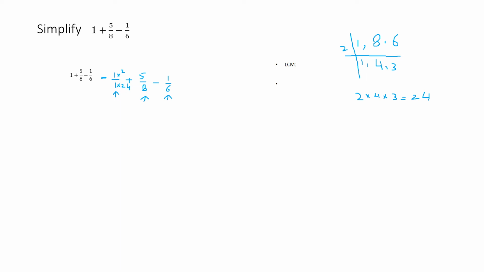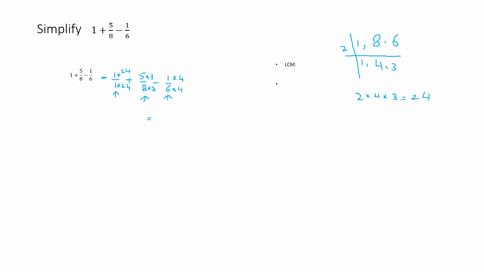So 24. 8 can be made 24 by multiplying by 3, and 3 eights are 24. So don't forget, it will be multiplied there as well. 6 can be made 24 by multiplying it by 4, so by 4 in the numerator as well.